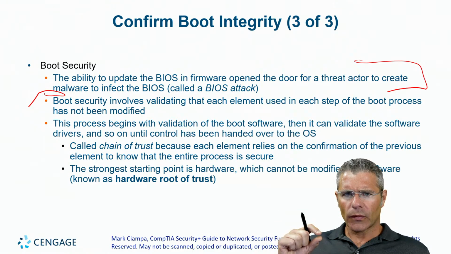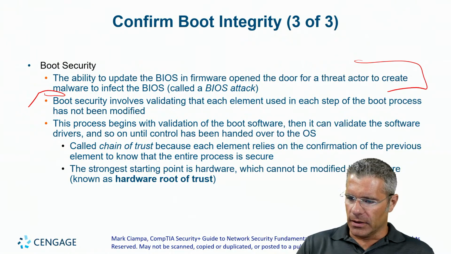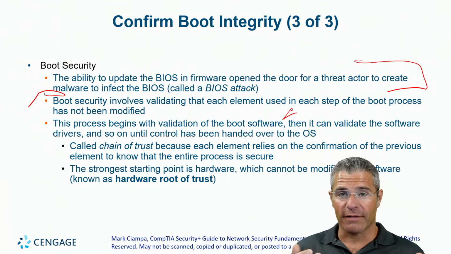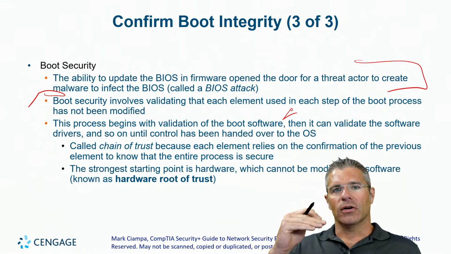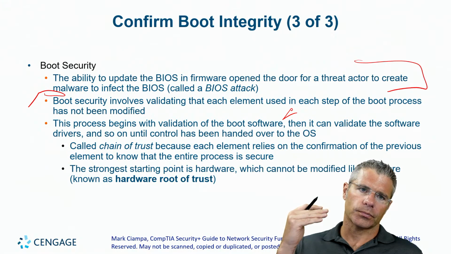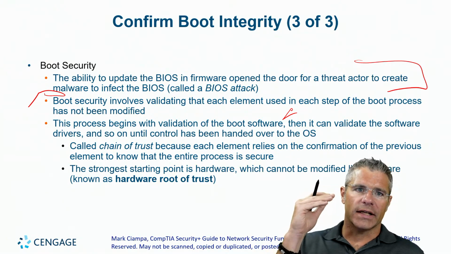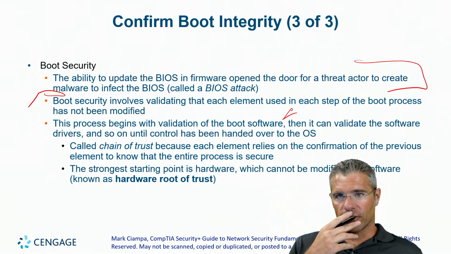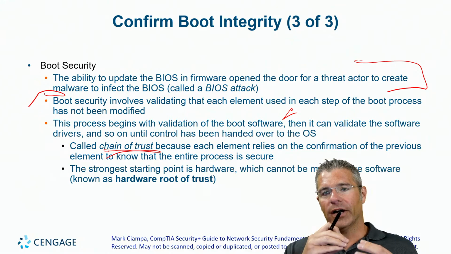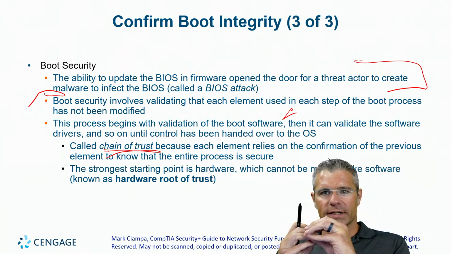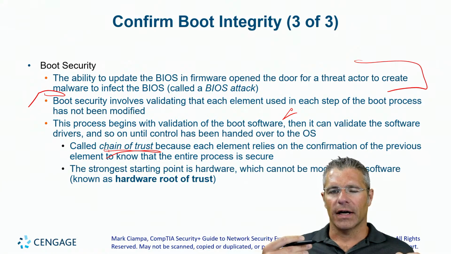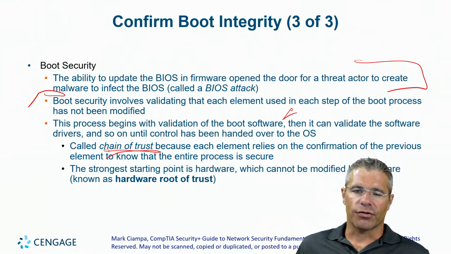So the way that works is the boot software is initially verified, and they do that through cryptographic signing, and then it validates the low-level operating system that loads up, and the pieces that load the device drivers and so on and so forth, causing a chain of trust as the BIOS loads the low-level operating system, loads the drivers in the operating system, and at each step, they're verifying that that has been cryptographically signed by a trusted party.